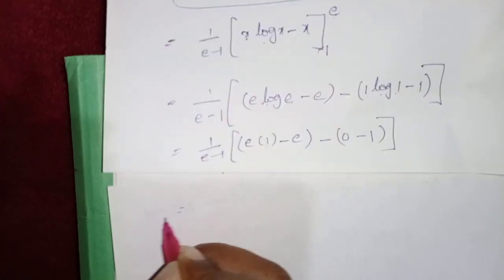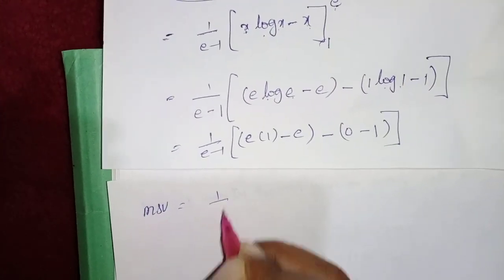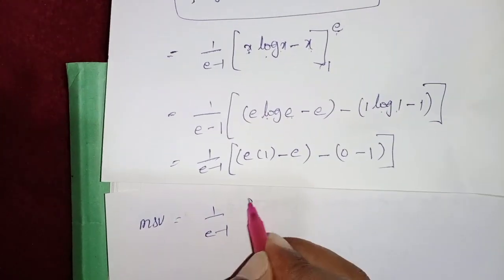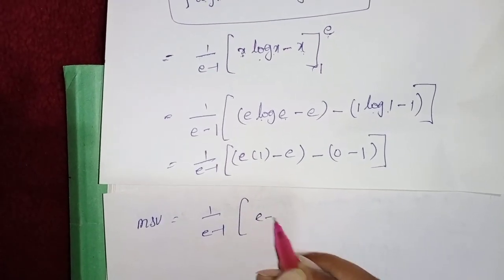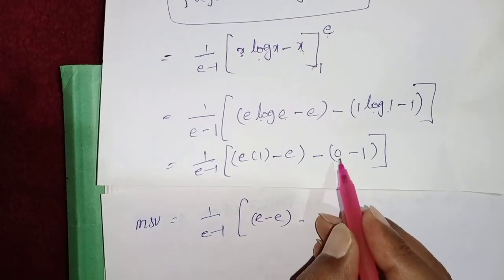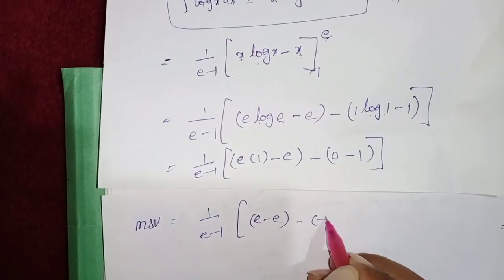So MSV is equal to 1 by e minus 1 into e into 1, e minus e minus 0 minus 1, which is minus 1.